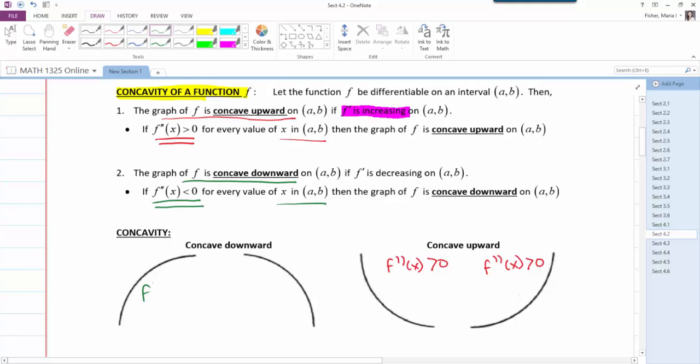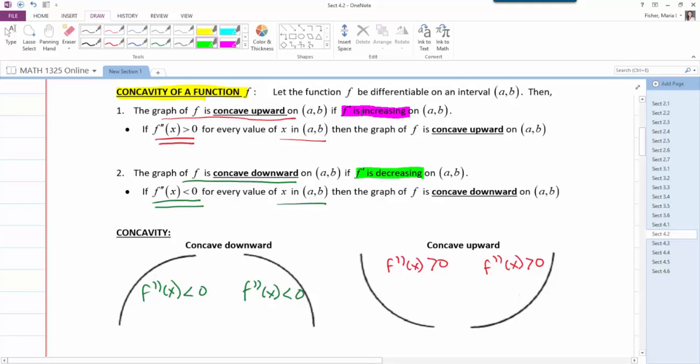So you are concave downward if your second derivative is less than 0. Again, if the second derivative is less than 0, then that first derivative would be decreasing. So you're also concave downward if your first derivative is decreasing.